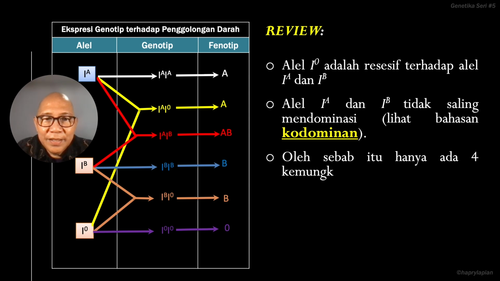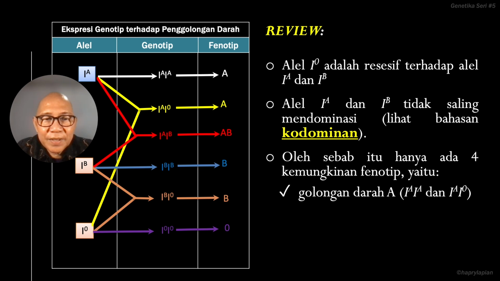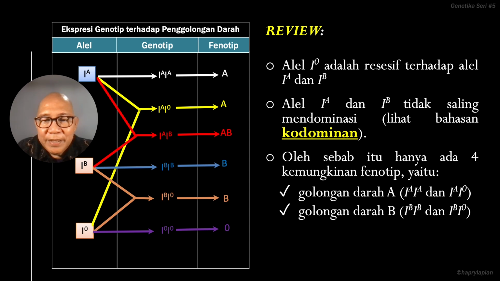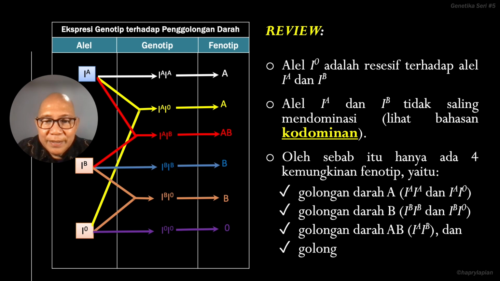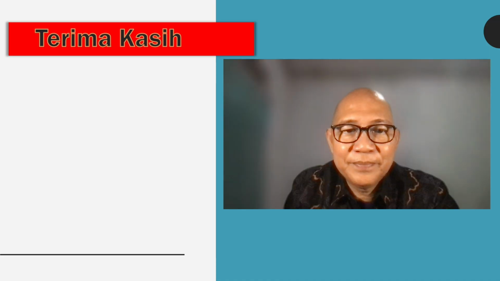Therefore, there are only four possible phenotypes, namely A blood type, IAIA and IAIO; B blood type, IBIB and IBIO; AB blood type, IAIB; and O blood type, two recessive alleles, IOIO.